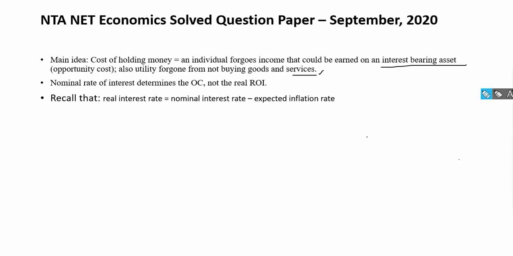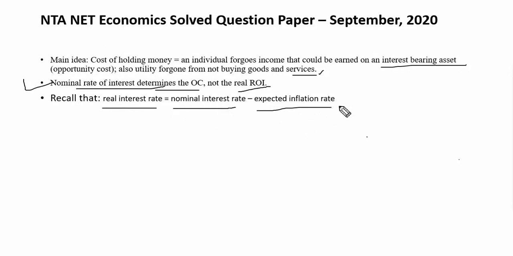Also, one more thing to note here is that the nominal rate of interest determines the opportunity cost of holding money. So it is the nominal rate of interest, not the real rate of interest. The real rate of interest is basically the nominal rate of interest minus the expected inflation rate.